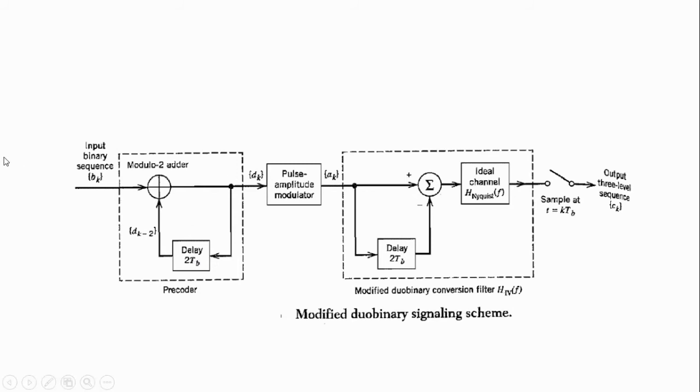Here the p_k is XOR function with the t_(k-2).